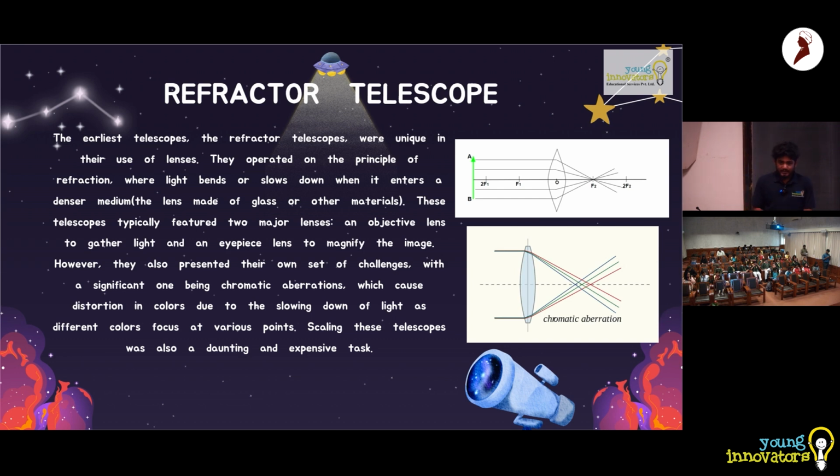Of course Galileo used a refractor telescope, a very small one, or not a very small one, but still. And he used that to observe Jupiter and everything. But as it got bigger, people started noticing these issues. That is when one person, he was born on December 25th, and somewhere around 30 years of age, he transformed the entire civilization.